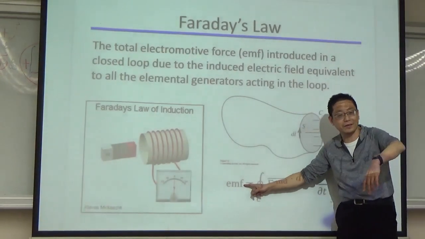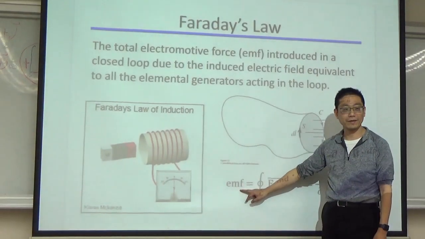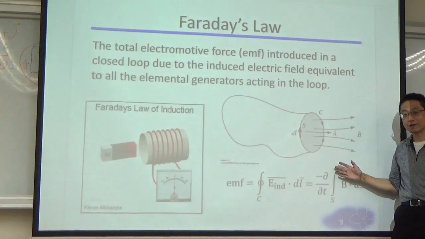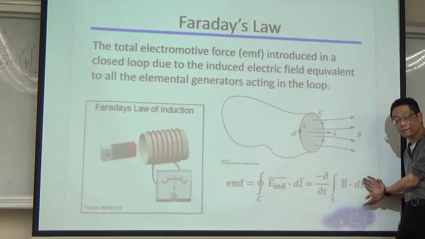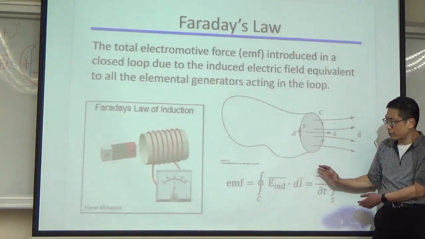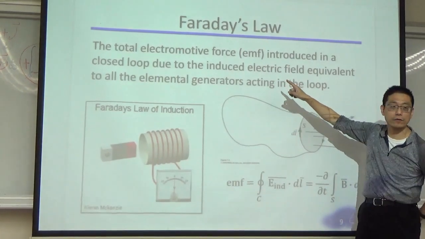You just asked me, you say EMF, right? This is what you are trying to say. If you change the magnetic field, it will bring you the EMF. This is an electromotive force.